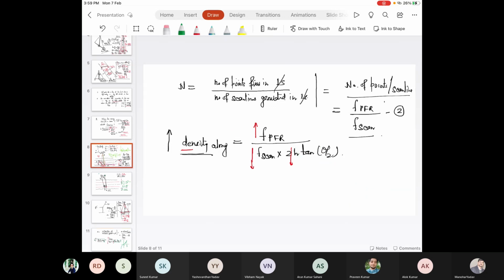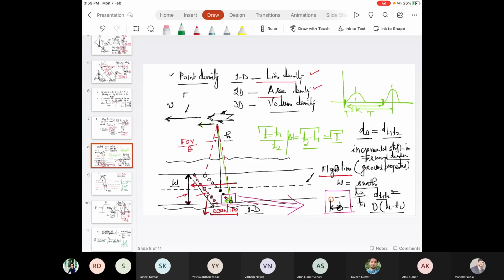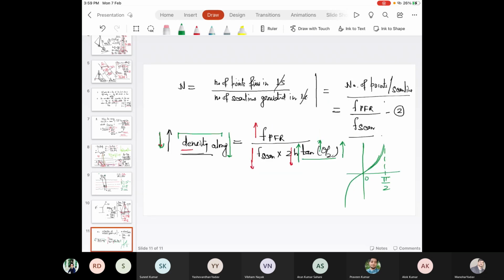Now the second reference direction, that is across the scan line. If I draw over here the across-scan-line schematic, these two are the boundaries of an area strip. This density we have calculated.